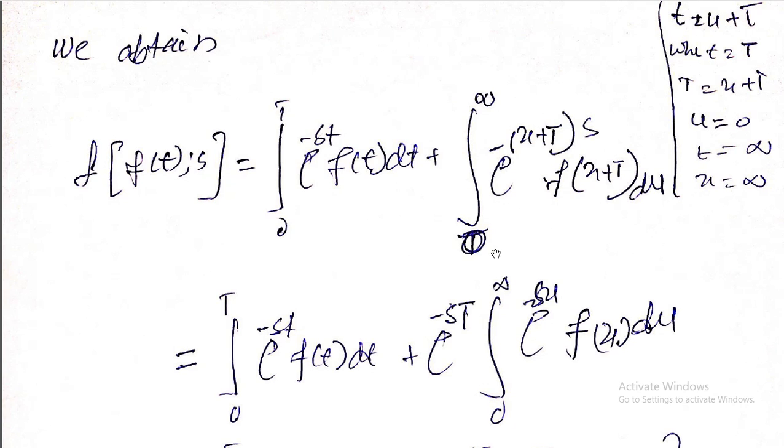Now this lower limit is 0, not T. This is 0 to infinity, and e power minus s(u plus T) replaces the earlier exponent, and dt is replaced by du.